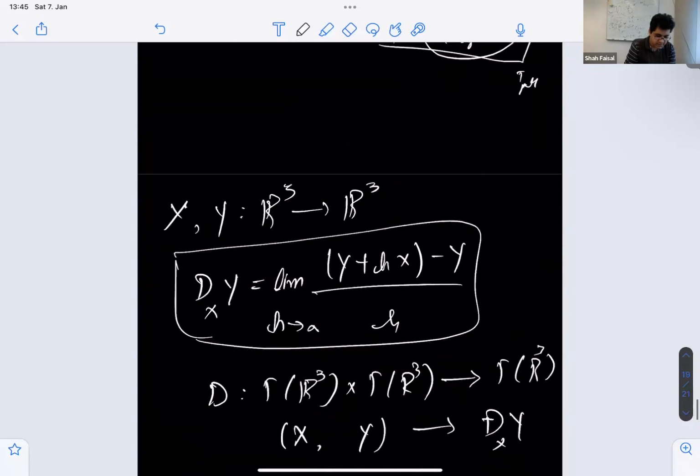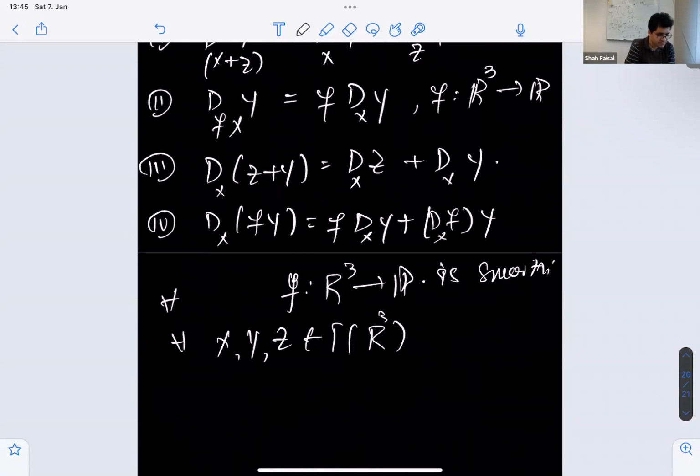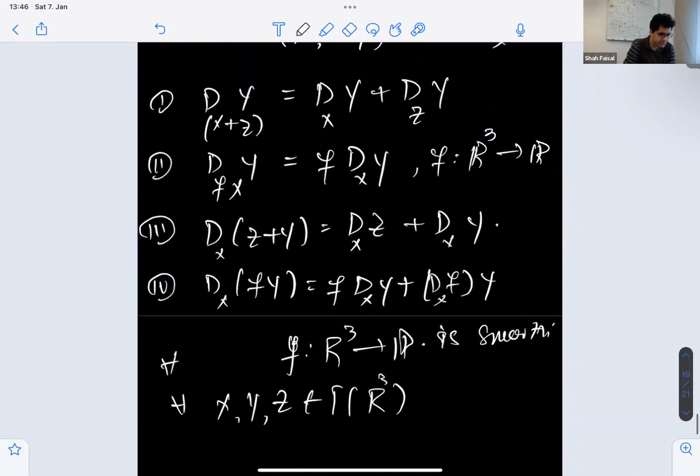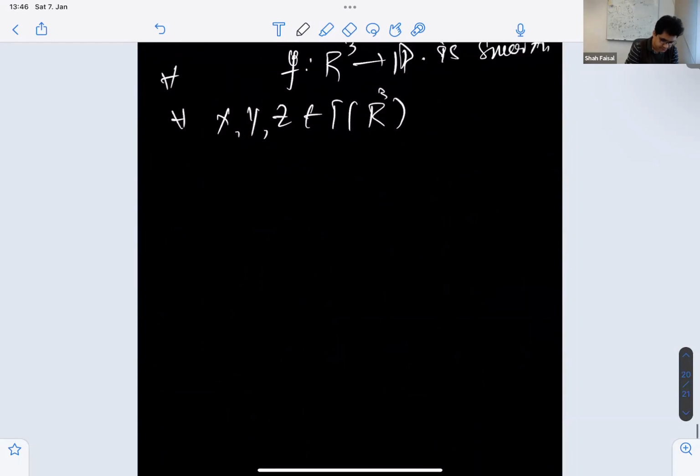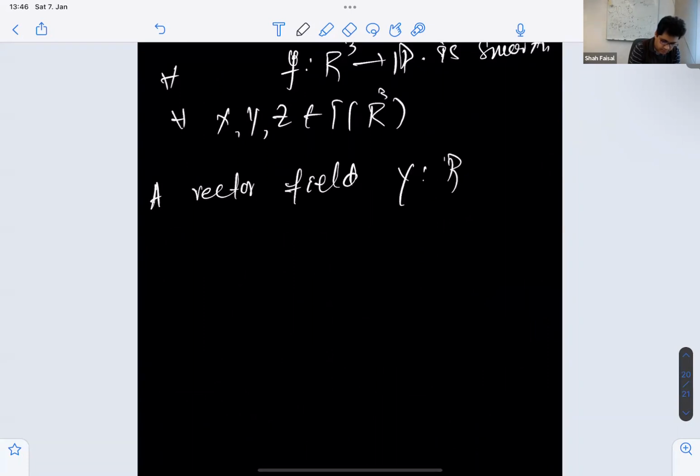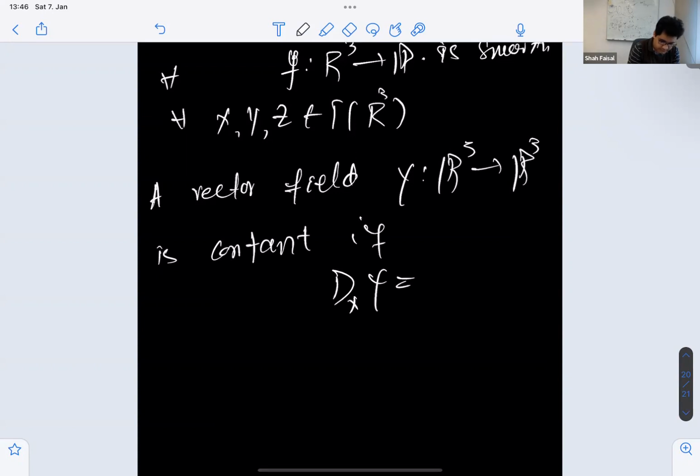Now, if you can define such a derivative in a manifold, then you can make sense of a parallel or constant vector field, right? So with the above definition, let's say a vector field Y is constant if the derivative I defined above is 0 for all vector fields.